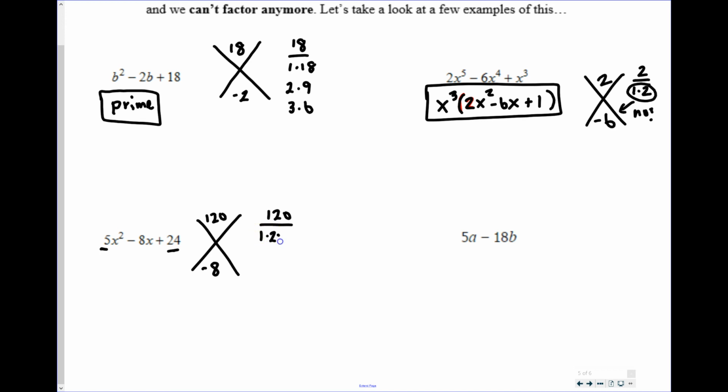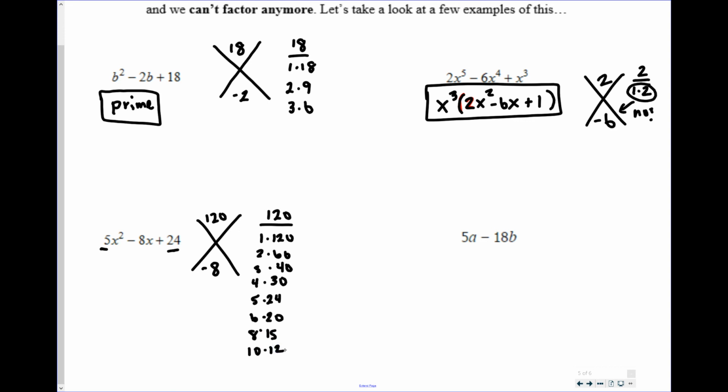So your calculator can do this pretty well. You just keep dividing 120 by all of the integers. So 1 times 120, 2 times 60, 3 times 40, 4 times 30, 5 times 24, 6 times 20, 8 times 15, and 10 times 12.